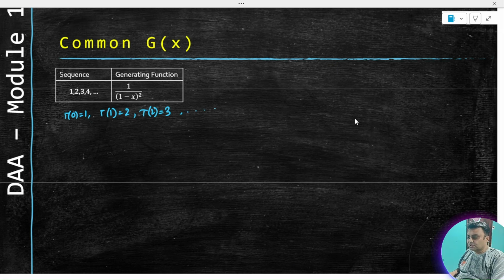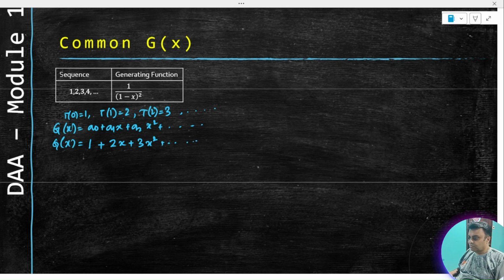Can I therefore say that if my Gx is written as A0 plus A1x plus A2x square plus dot dot dot, then Gx can be actually written as, I'll substitute the T0 value, right? 0th value will go into A0, which is 1, plus T1 is 2, so 2x plus 3x square, and so on and so forth.